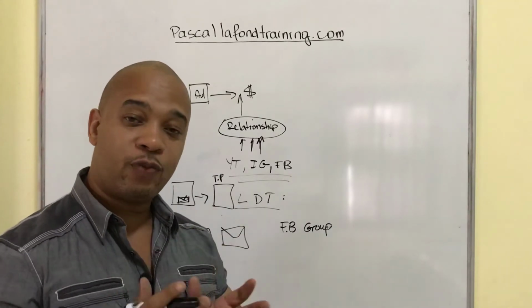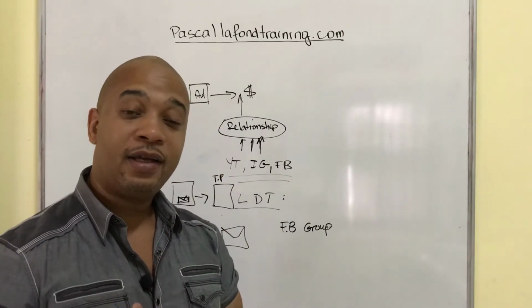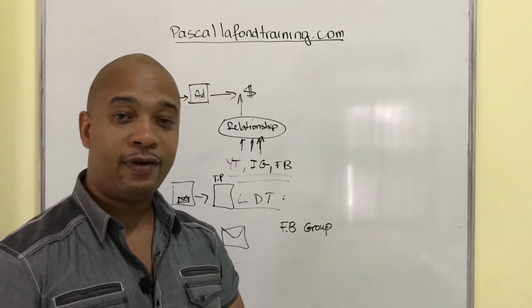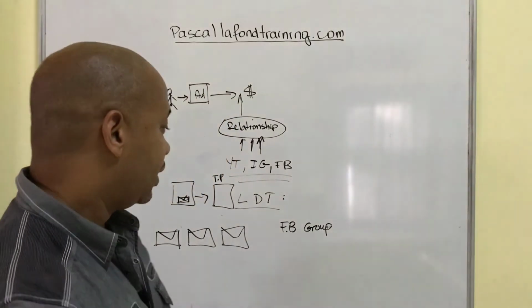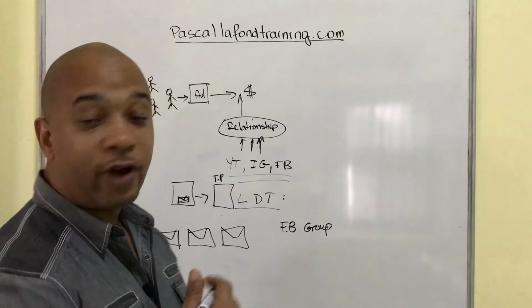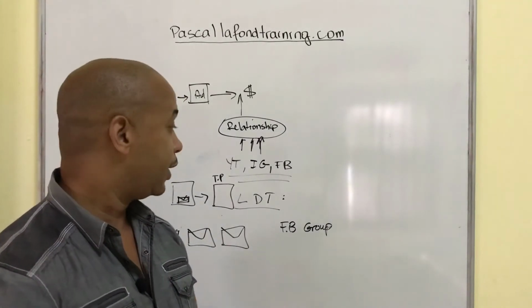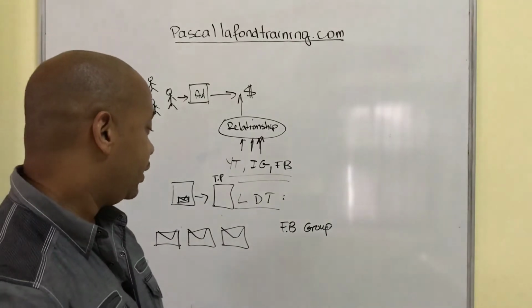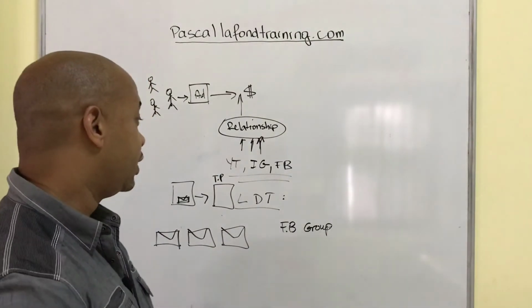So if you create a Facebook group where you invite people to come in and you provide tons of value in there, this is an additional strategy that will work for you in that relationship building process. So these are two important things you can integrate in your marketing strategy.